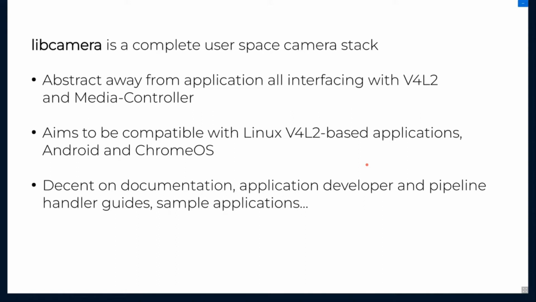We already have a good amount of documentation. We have the application developer guide and the pipeline handler guide that we will discuss, and a couple of sample applications that we use for testing and basic dogfooding. So you can just try them out and see for yourself.